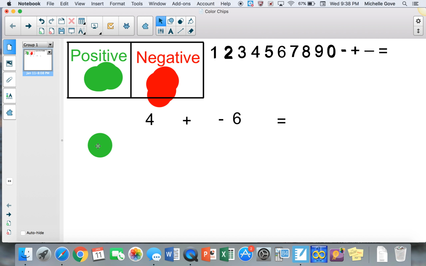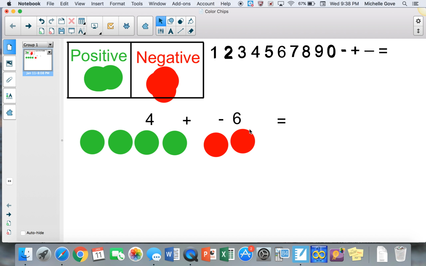So let's start with 4 greens for our 4 positive. Next, I'll have my 6 negatives, and so we'll have 6 red chips. Alright, and so now we have 4 green chips and 6 red chips, so 4 positives, 6 negatives.